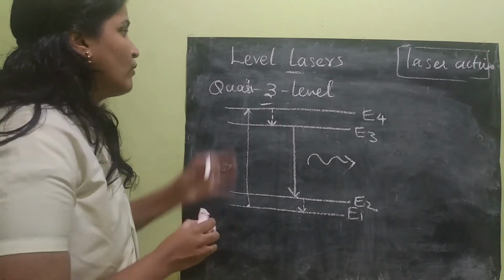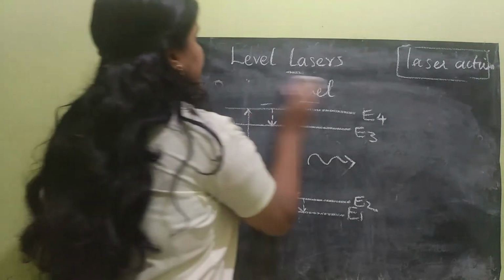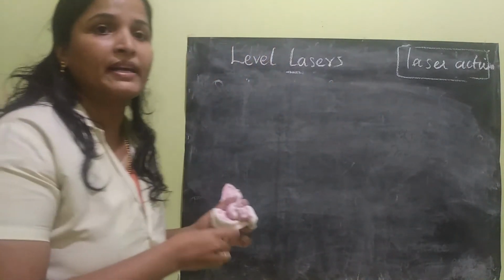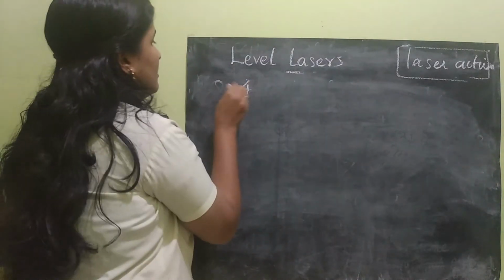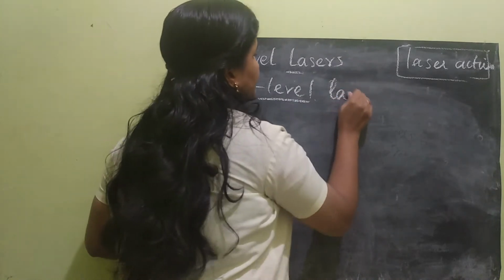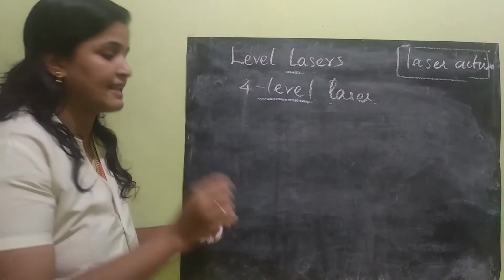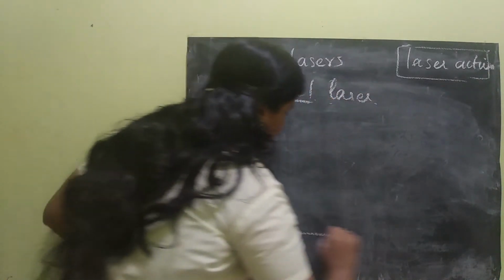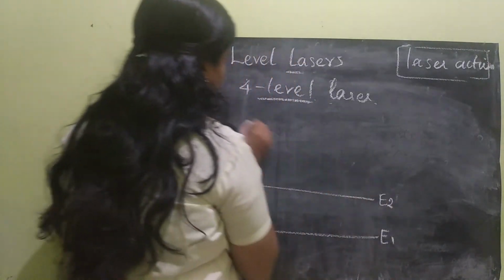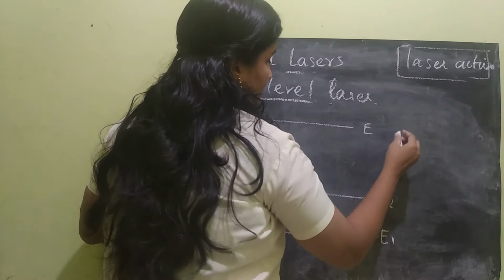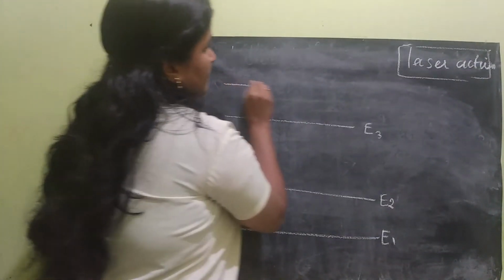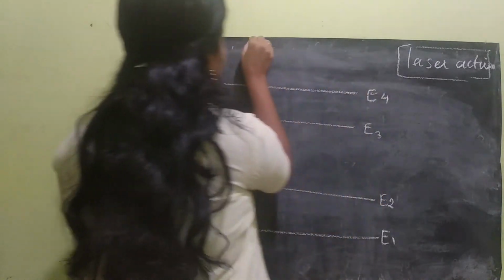Okay, now we'll see the 4-level laser. So this is the most commonly used laser system. Okay, 4-level laser. So in the name itself, it is there. There are 4 levels: E1, E2, E3 and E4.